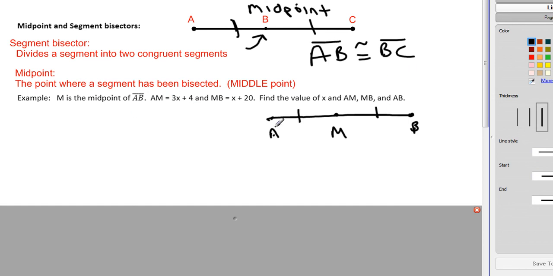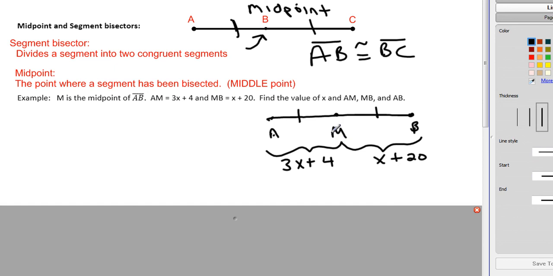AM is equal to 3x plus 4. So here to here is equal to 3x plus 4. And MB is equal to x plus 20. So from M to B, it equals x plus 20. Well, now, in order to find the value of x, segment AM, segment MB, and AB, we have to take algebraically what we set up verbally.